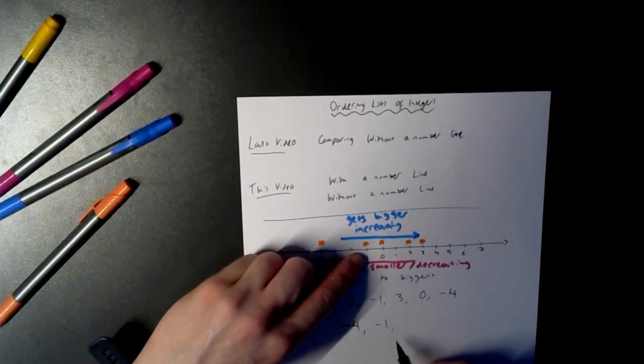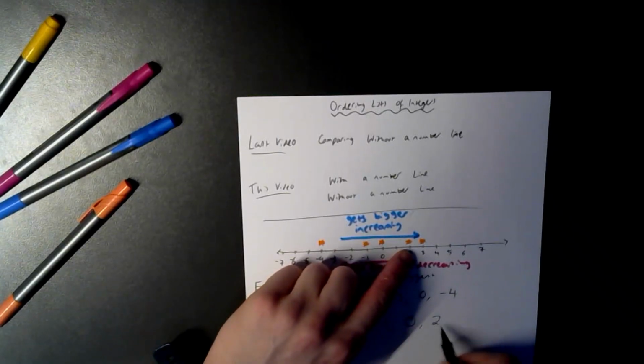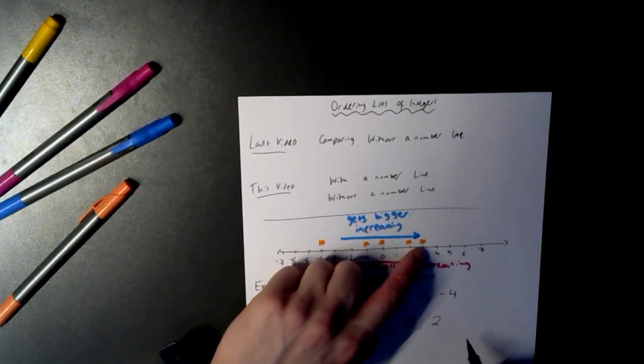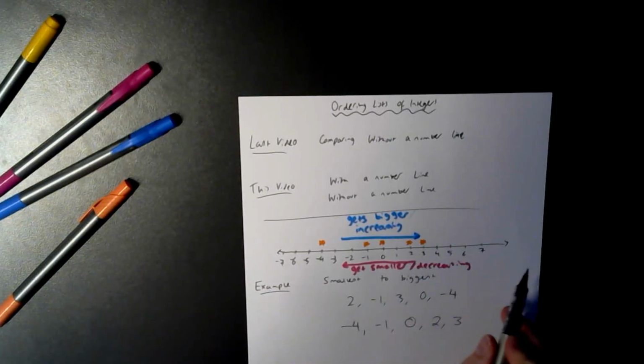So I'll write that. And I go, and I've got 0. I keep going, I find there's a 2 there. And then one last number, which is 3. So what we've done is we've gone from left to right to get the smallest to biggest numbers on our number line.